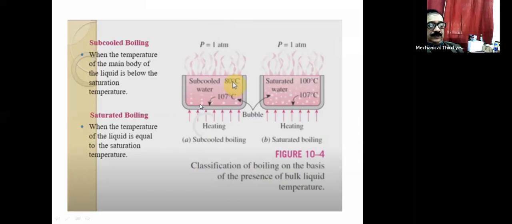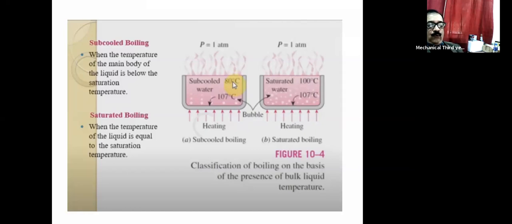Just observe the position of the bubbles, the number of bubbles that you can see. This is the nature that you get when the temperature of the liquid, in this case water, is less than the saturation temperature.